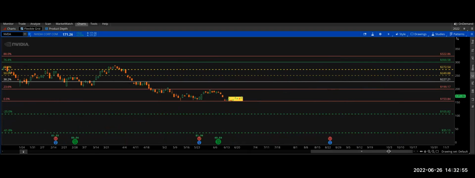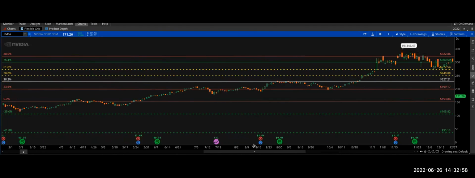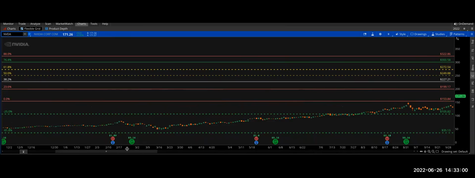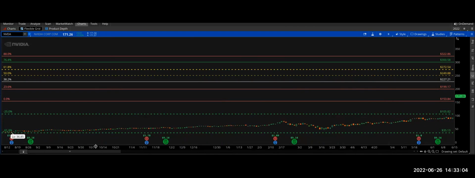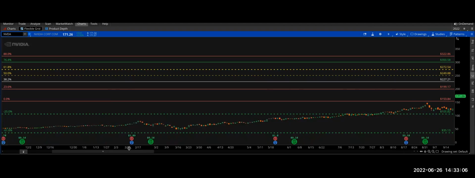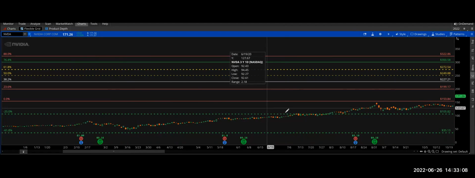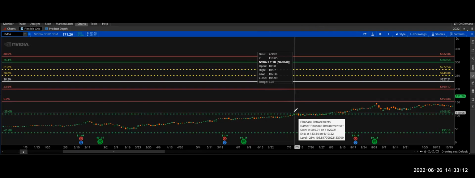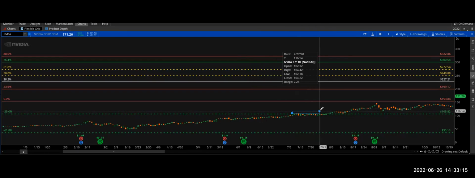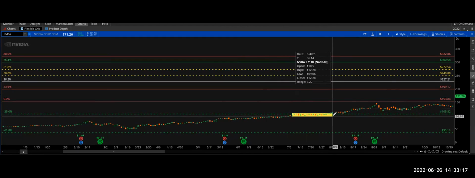Let's look at the volatility on it. How long did it trade there?